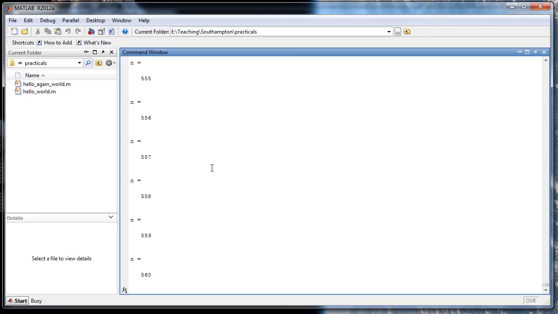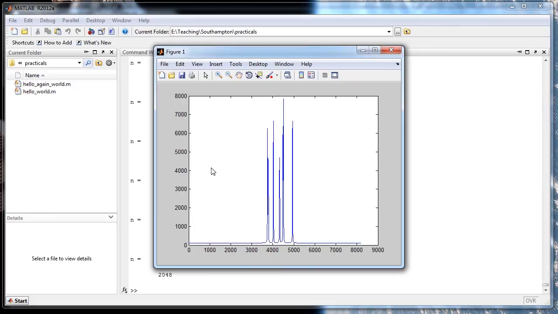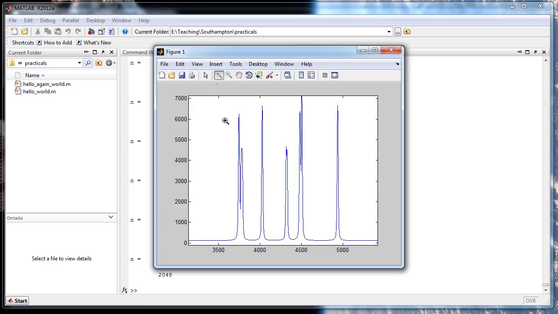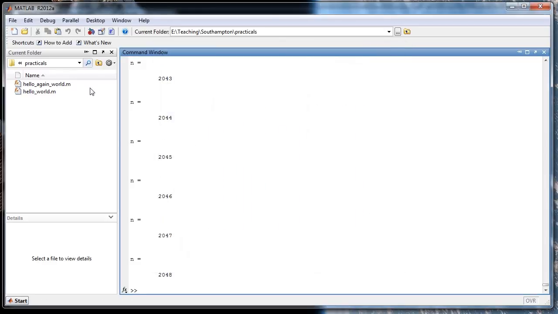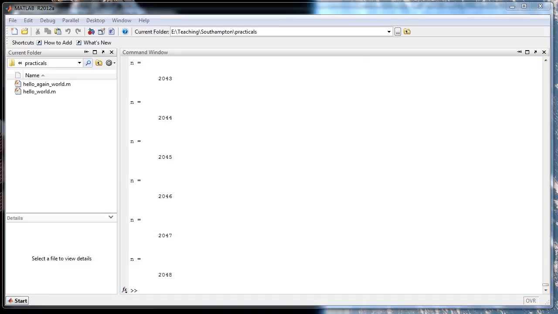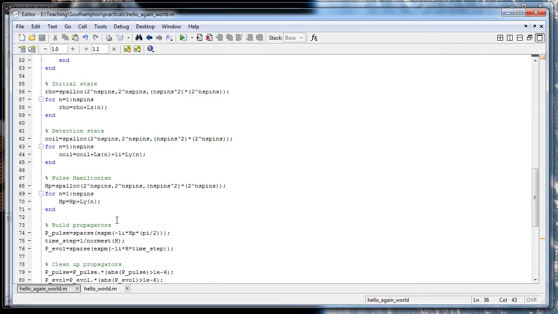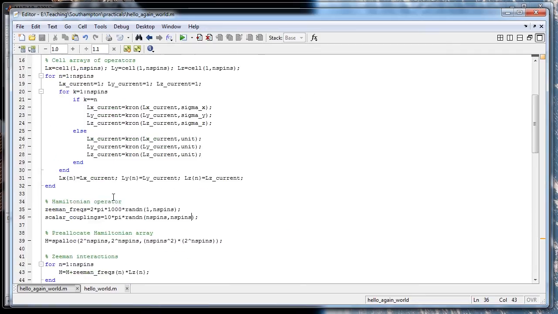And yep, considerably faster. Of course, with 2 to the n scaling, we cannot really work around that in Hilbert space simulations. So let's see what we get. And that's our spectrum. And we clearly haven't put the J couplings to a large enough value. Let's make a few J couplings really, really large, so that the spectrum actually looks complicated enough to be worth simulating.